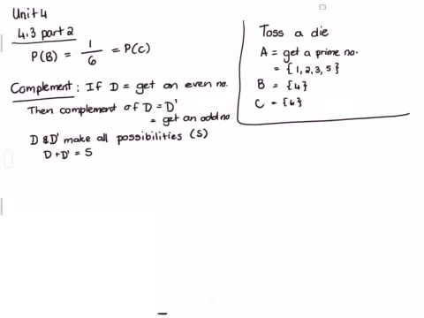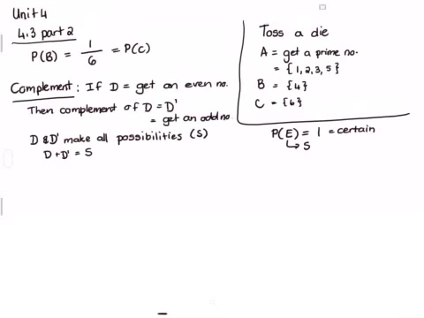Now, the certainty. If the probability of an event, let's just give it a completely new name, event E, is 1, then it is certain. Then E is really your sample space.